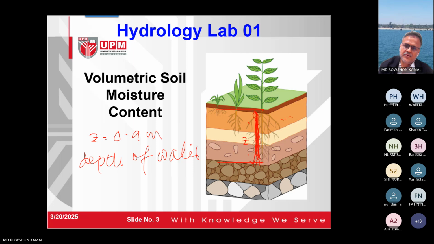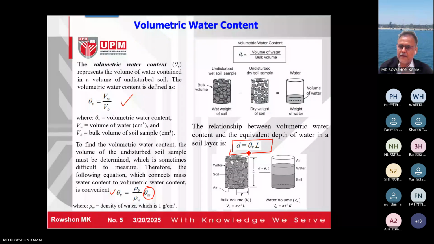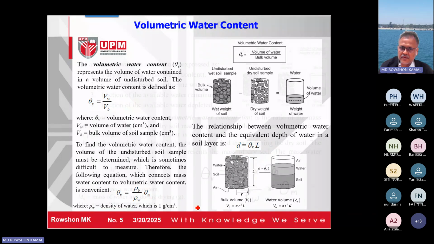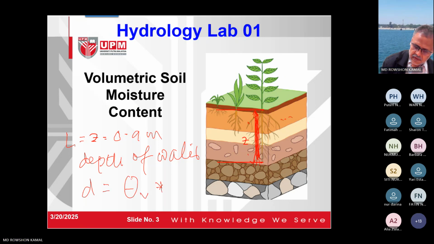To answer this question, we use this formula. Depth of water means d, and L is actually this one. So maybe instead of z, I can say L. So you can simply give the answer theta b into L.